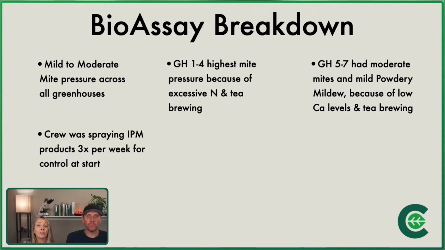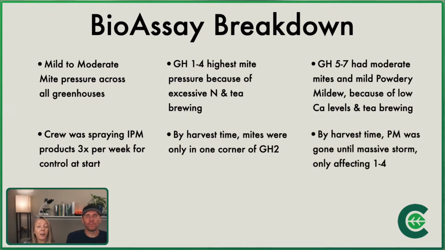So the crew was spraying IPM products 3 times a week for control at the start. And then by harvest time, mites were only in one corner of greenhouse 2. And then by harvest time, the PM was gone until, if you've been following along, there was a massive storm that blew off their outside dep.